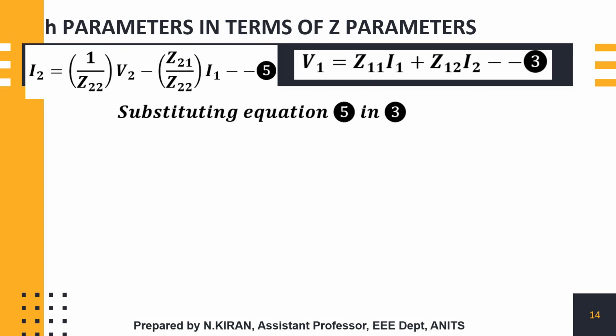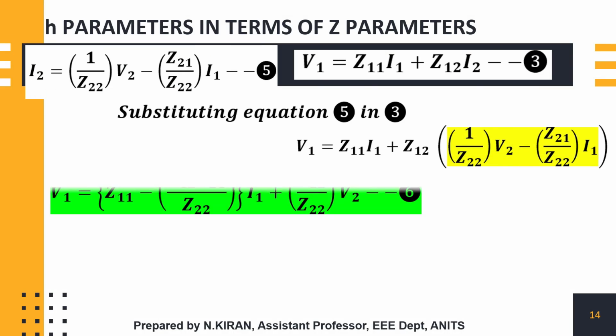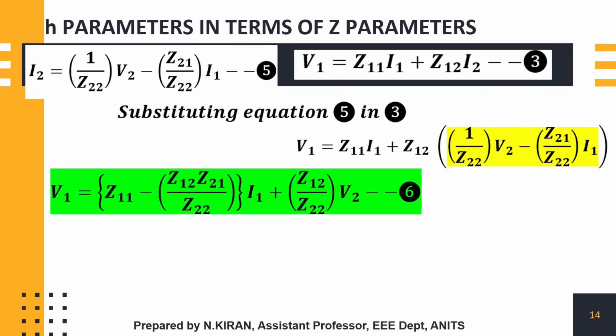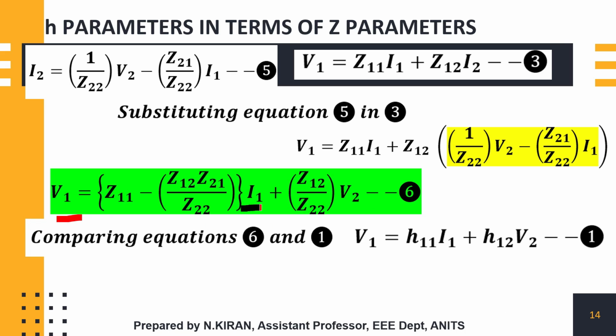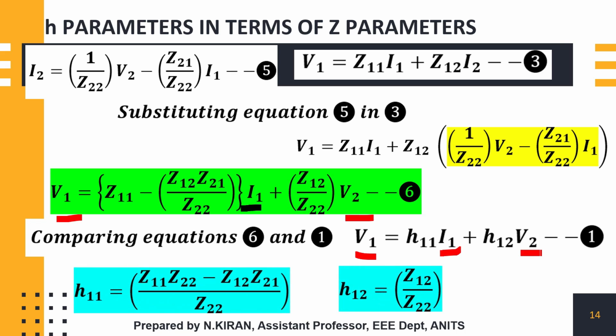So substituting, I will get the expression shown as equation 6. Now I can compare them as both the equations have the same variables. Easily I can compare it with the first equation, which will give rise to H11 as delta Z by Z22 and H12 as Z12 by Z22.